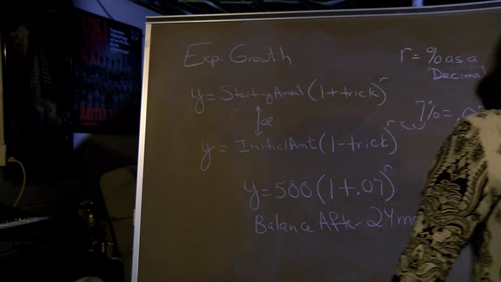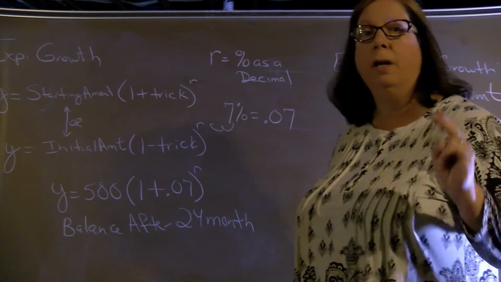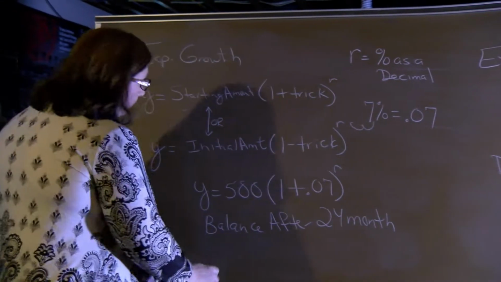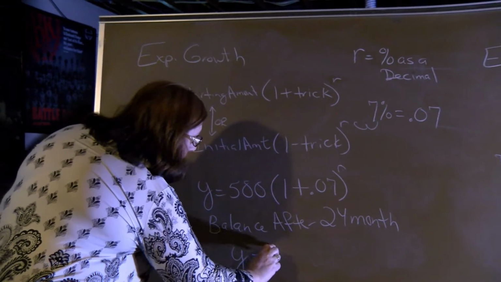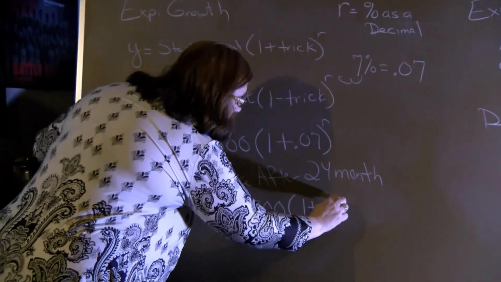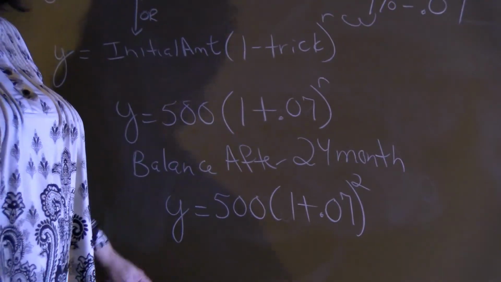So since it's 7% per year, 24 months is 2 years, you plug 2 in. So be careful, they will switch units around. And then you would plug that into your calculator. And that's why it's important to know how to use your calculator.